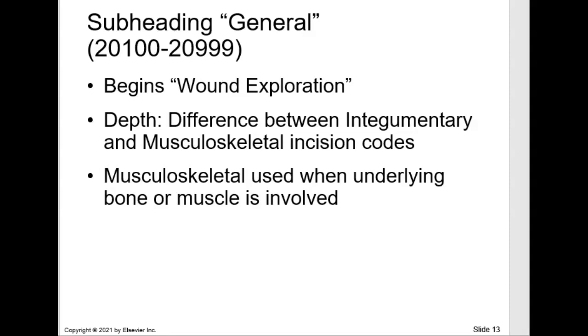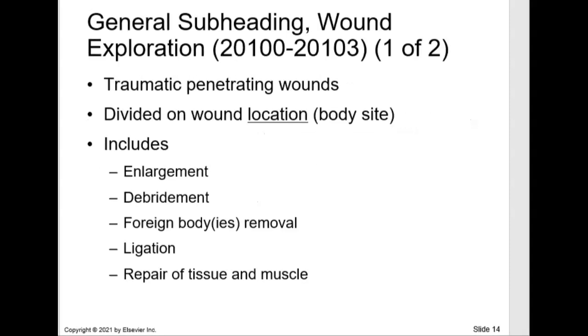So keep in mind with that, integumentary is going to be more superficial, where musculoskeletal is going to be more underlying. Okay, so a lot of these we get into location. With these wound explorations, it just includes these different headings.